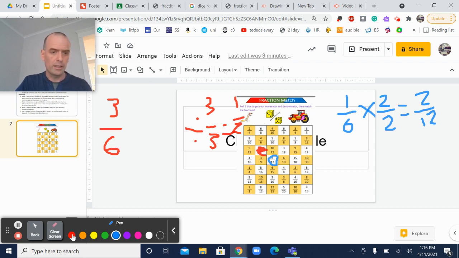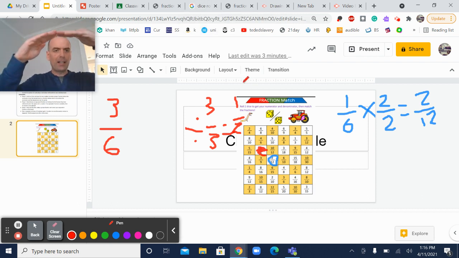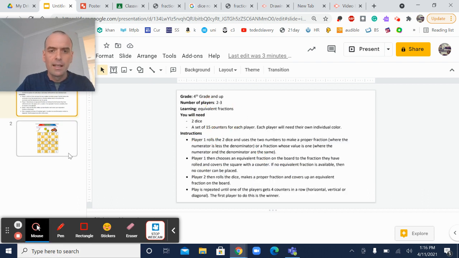And so then good Mr. Lambert would roll again. You go to the dice roll, and either you are dividing your fraction down to find equivalence or multiplying it larger. And you'll notice from the instructions, if you can't find a fraction that's equivalent, you lose your turn.